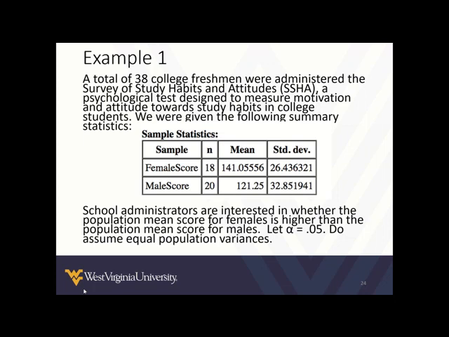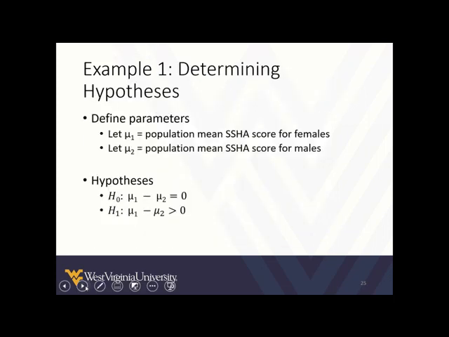And so the school administrators are interested in whether the population mean score for females is higher than the population mean score for males. We're going to let alpha equal 0.05, and we are going to assume equal population variances. Okay, so at this point, we can define our parameters and say, let mu1 be the population mean SSHA score for females, and let mu2 equal the population mean SSHA score for males.